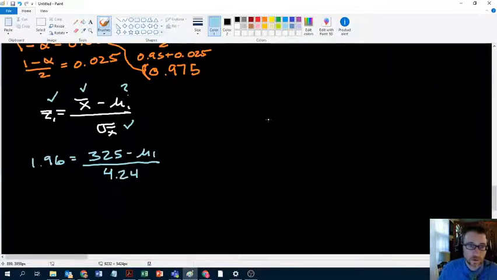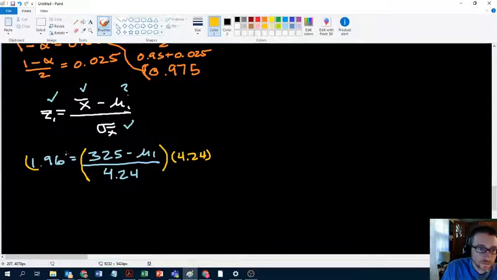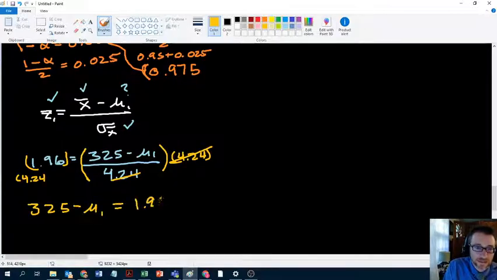All right, what we'll do first is get rid of the denominator. That's always a good first place to start if you have a fraction. So let's multiply both sides by 4.24. I'm going to flip it around over the equal sign just to get mu1 where I want it. But these cancel out. So on one side of the equal sign, we have 325 minus mu1. And on the other side, we have 1.96 times 4.24.